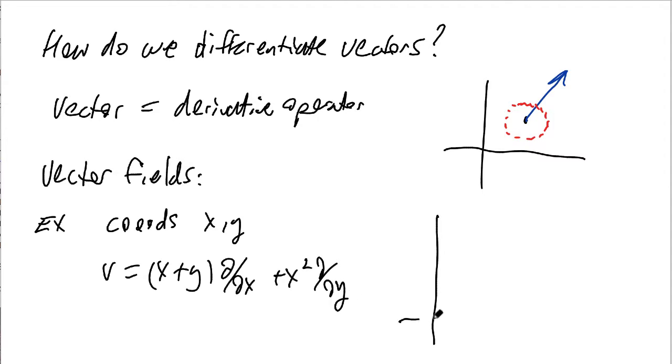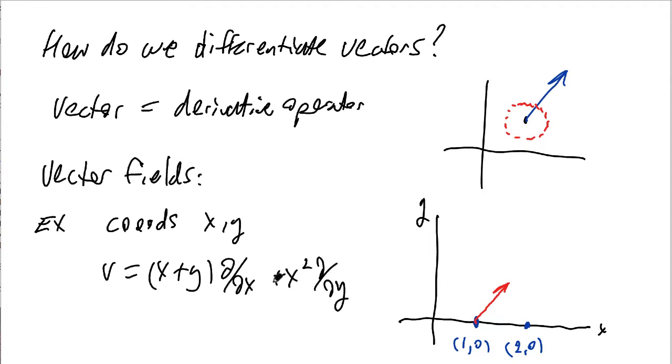And we can plot a graph. This is the xy plot, and at, for example, the point x equals 1, y equals 0, what is this vector? Well, 1 plus 0 is 1 d by dx plus 1 d by dy. So this would be an arrow like this. We can pick another point, say x equals 2, y equals 0.